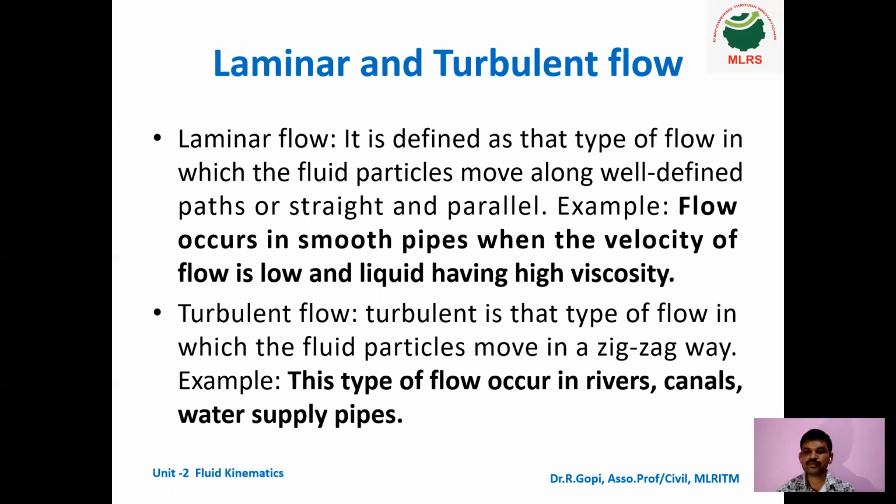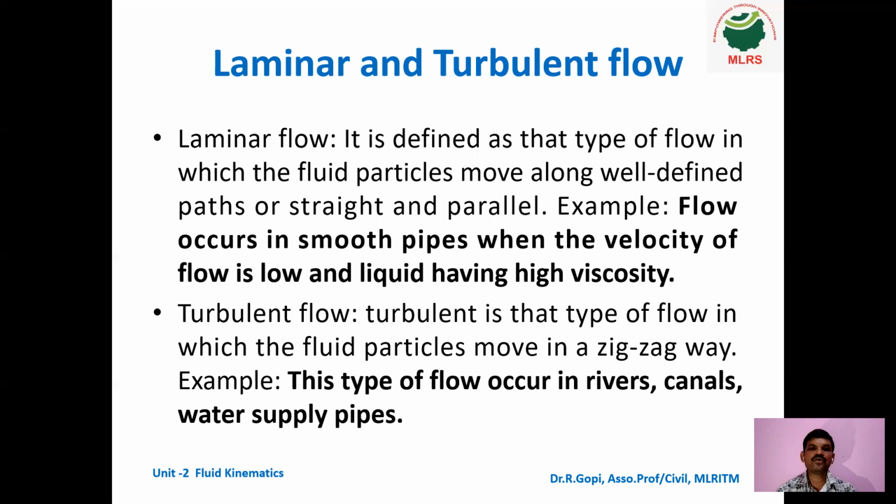Just imagine a fluid flowing in a pipe having uniform cross section. Take a small fluid particle in the liquid. That fluid particle is moving along a well-defined path, so it will move along a straight line throughout the length of the pipe.